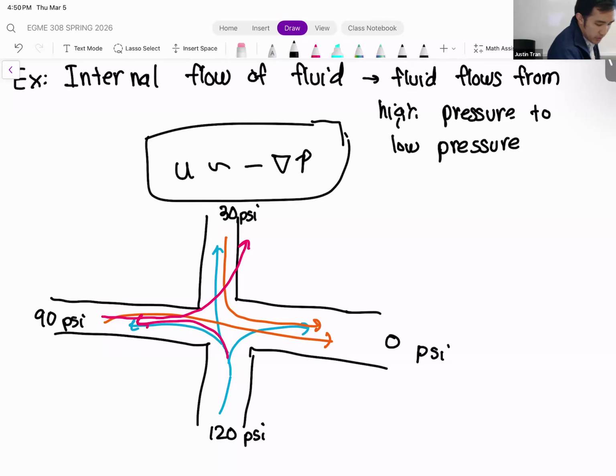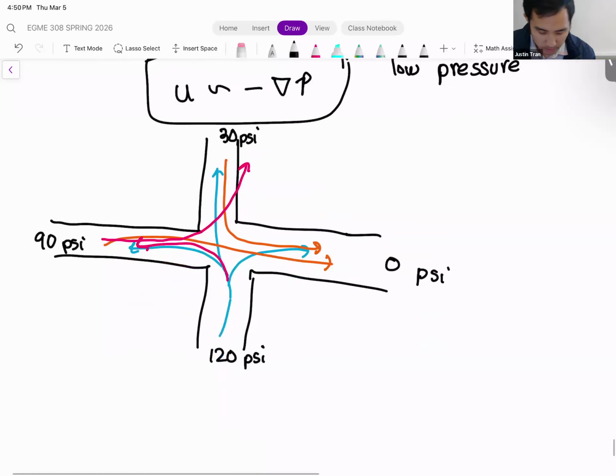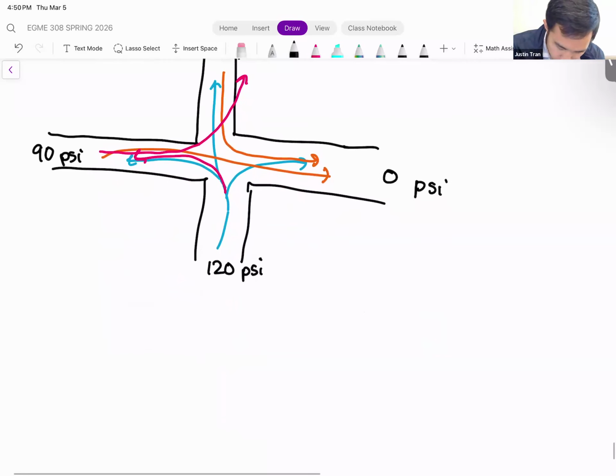Okay. One more example, just because this is a cool application. There are so many applications for the direction of maximum increase. Another way you can look at the gradient is if you have a contour plot.